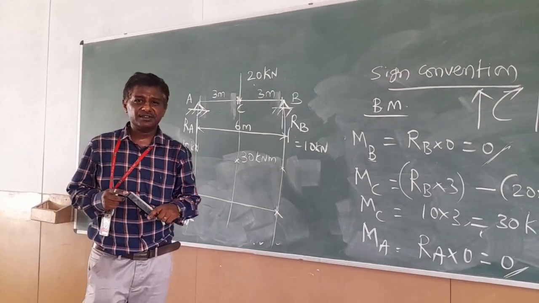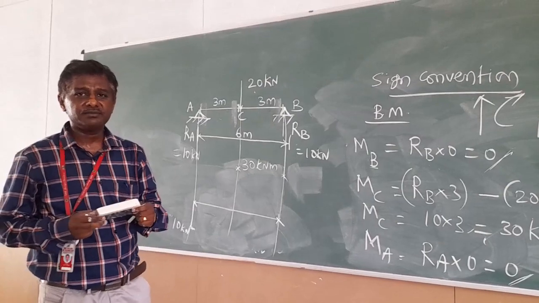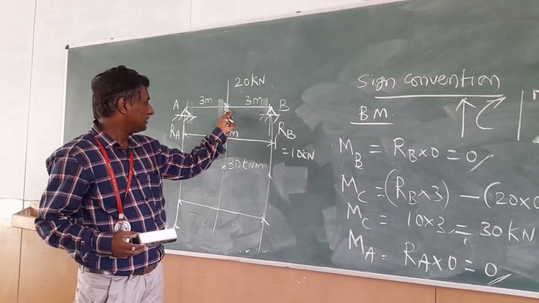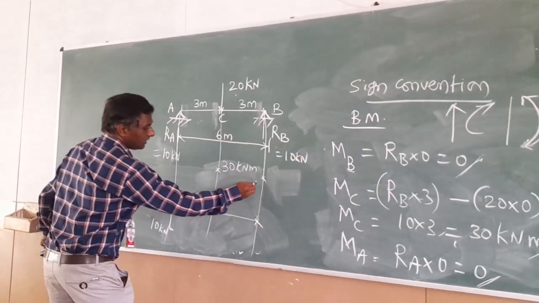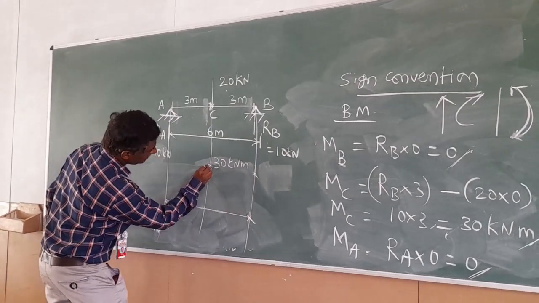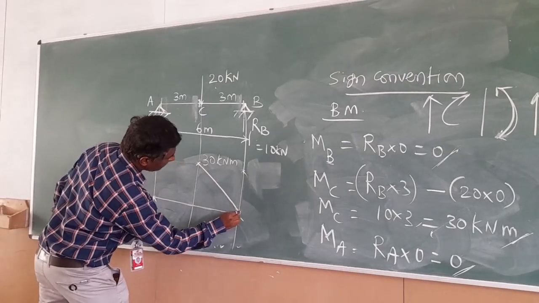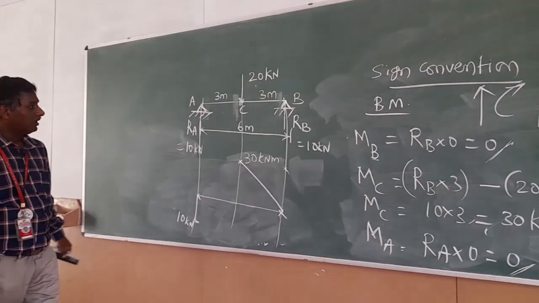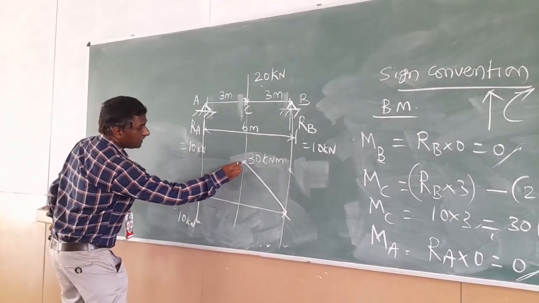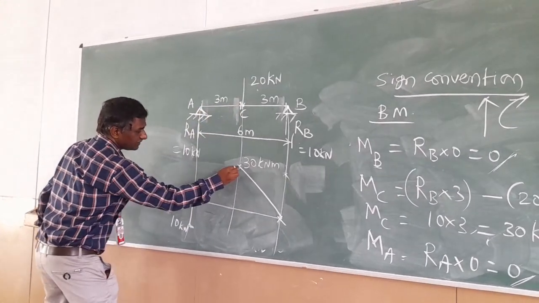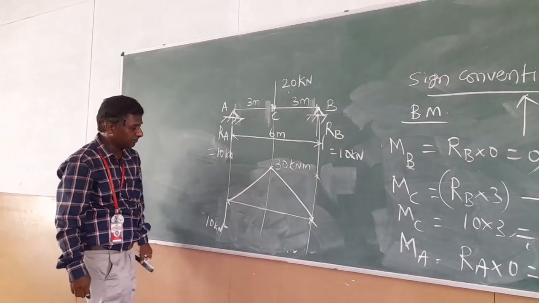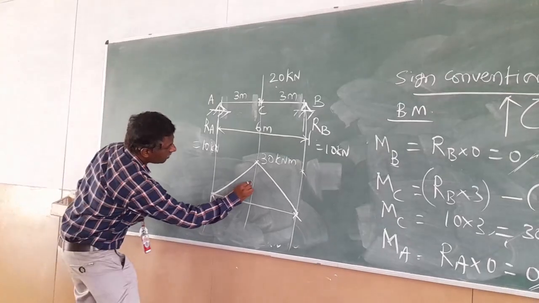And what is the nature of the curve to be drawn for the bending moment diagram? When a point load is acting, and in between there is no load, it will be drawn by directly joining the line. From this point to this point, you just draw a linear line, and from here to here, C to A, you also just draw the line. 30 kN·m is the value, so it is a positive bending moment.